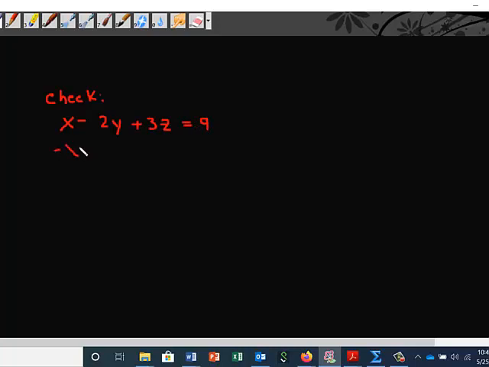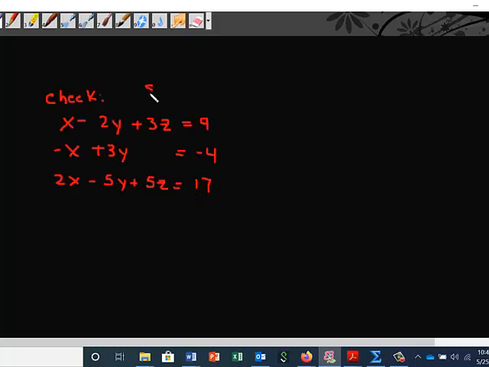And negative x plus 3y is equal to negative 4. Then we had 2x minus 5y plus 5z is equal to 17.